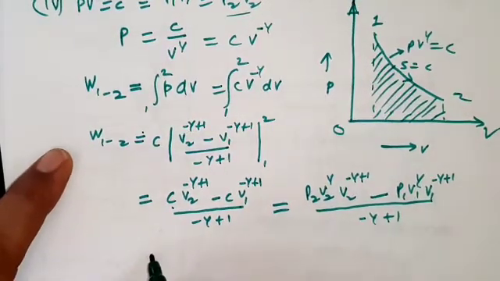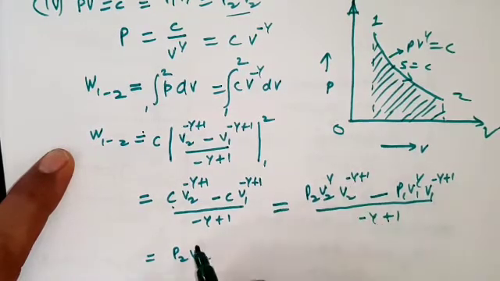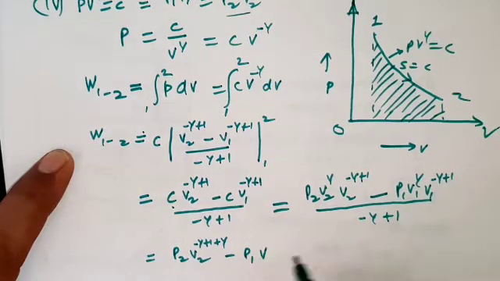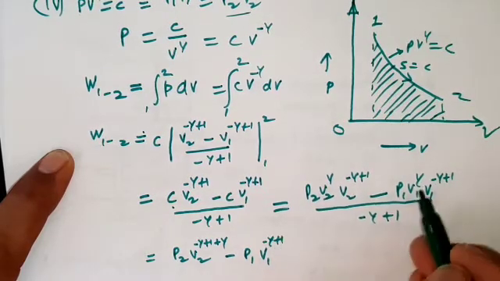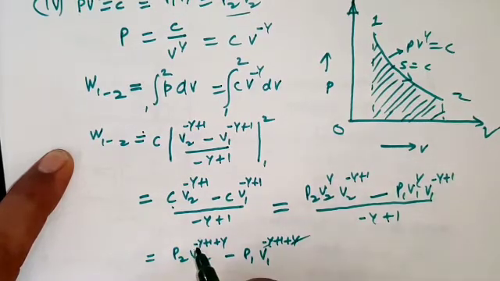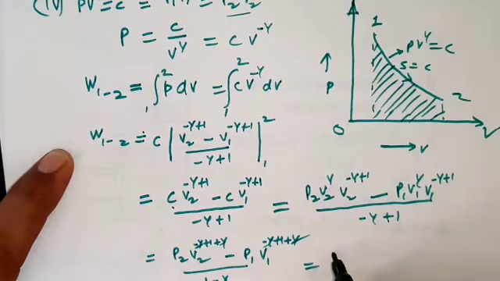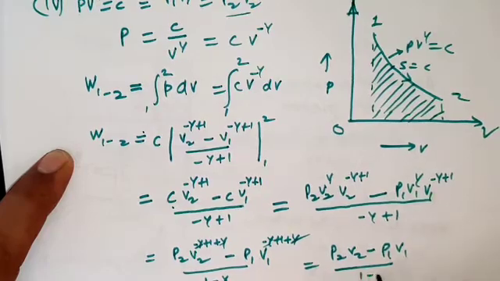So now we can say this will be equal to P2 V2 to the power minus gamma plus 1 plus gamma, minus P1 V1 to the power minus gamma plus 1 plus gamma. So this will be cancelled, this will be cancelled, and here this is 1 minus gamma. This can be written as P2 V2 minus P1 V1 upon 1 minus gamma.